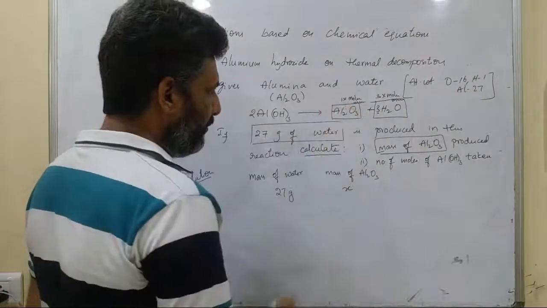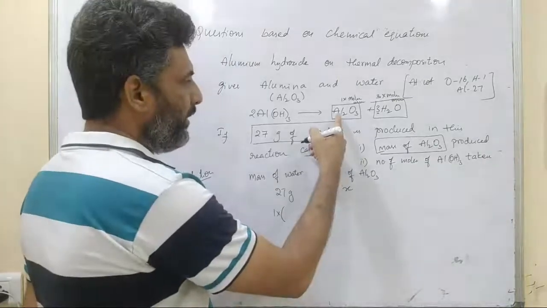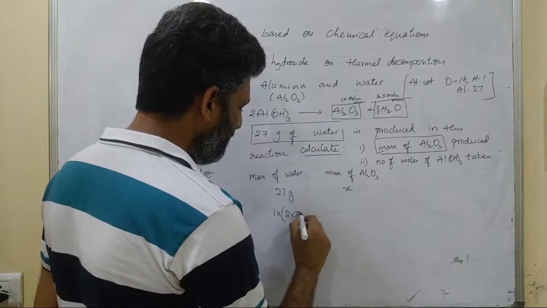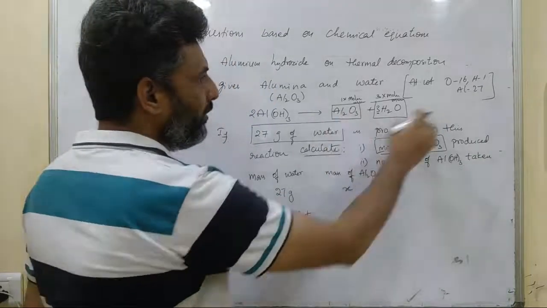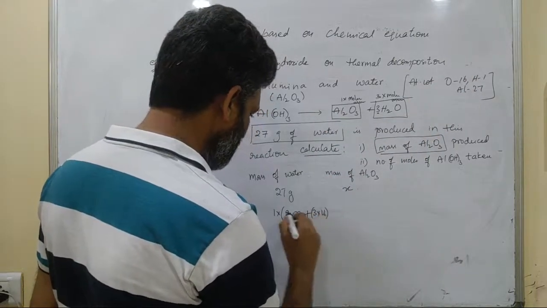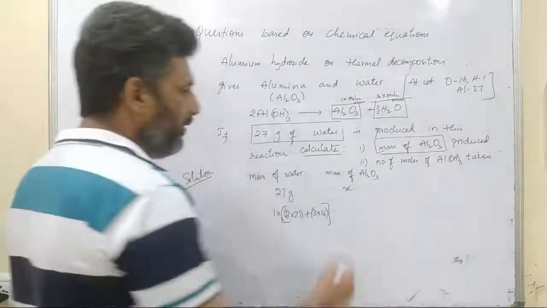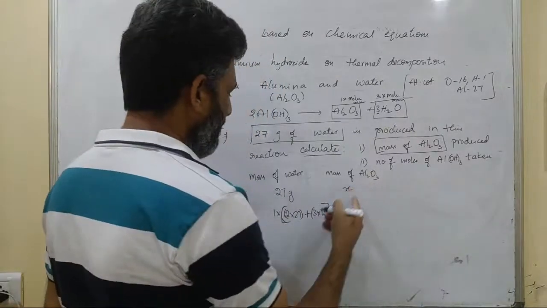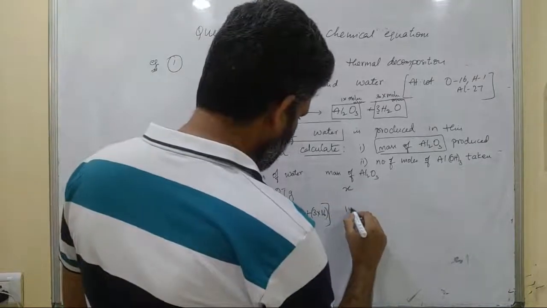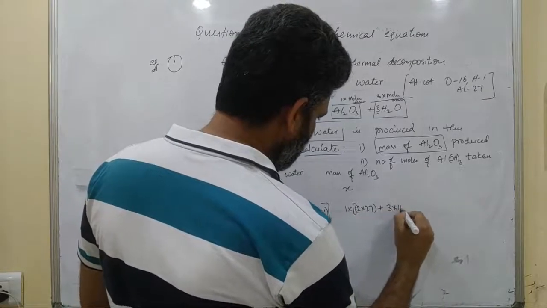So 1 into molar mass of alumina. 2 times aluminium, aluminium is 27, so 2 times 27 plus 3 times oxygen, means 3 times 16. And this is for water.